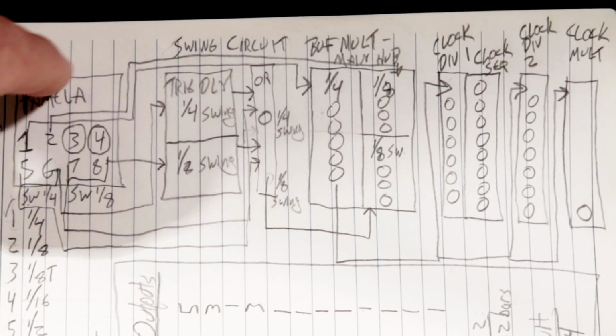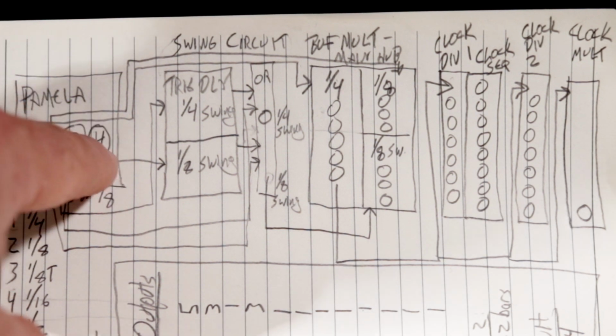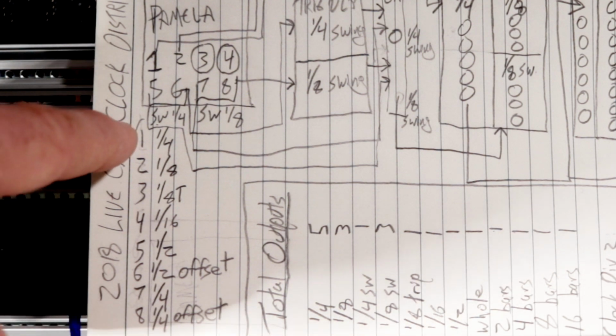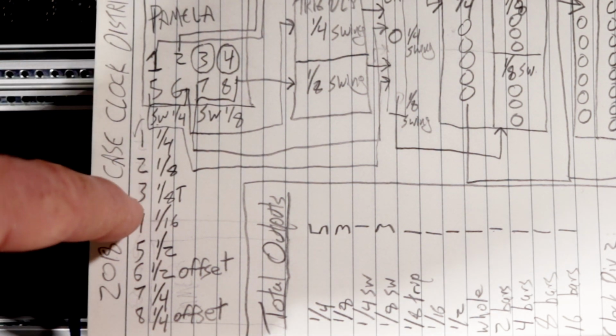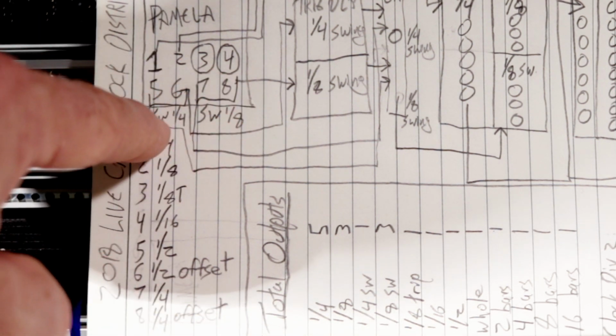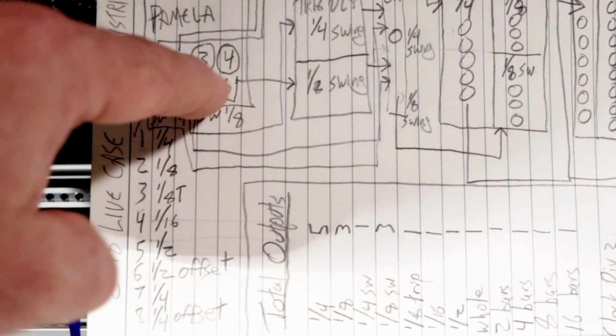So the whole thing starts with my Pamela's Workout here, where there are 8 separate outputs that I am assigning to different pulses. The first one is quarter notes, then 8th notes, 8th note triplets, 16th notes, and then 5, 6, 7, and 8 are used for my 2 swing circuits, for my quarter note and my 8th note swing circuits.